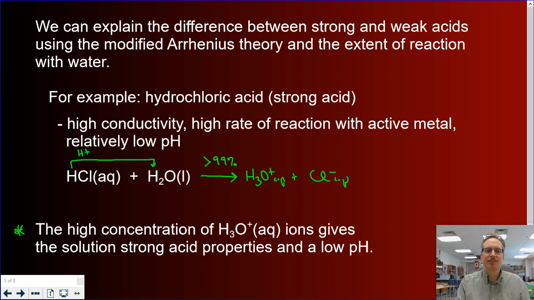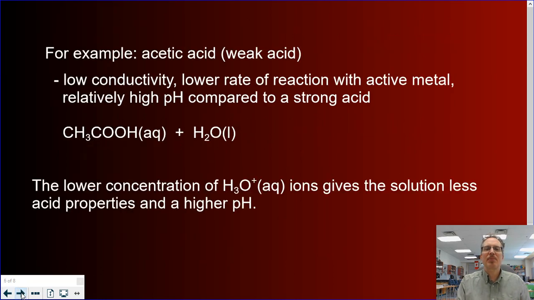Now, if we compare that with a weak acid like acetic acid, it still conducts electricity, but it's going to conduct less. It still reacts with metals like magnesium to make hydrogen gas, but it's going to have a lower rate of reaction, meaning the bubbles are going to be slower.